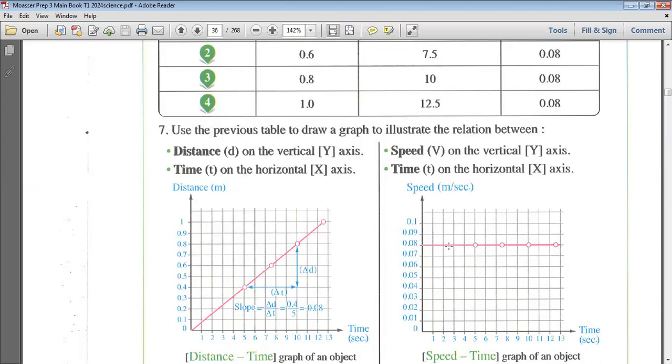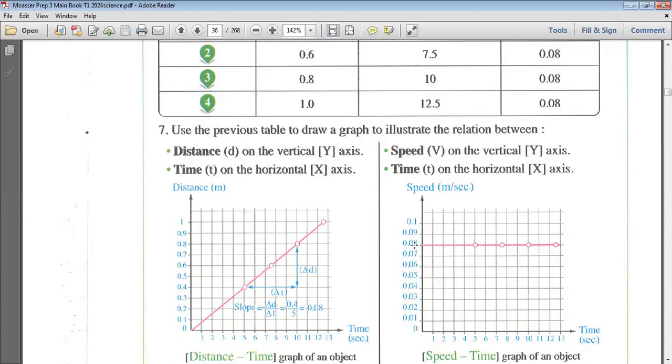So when we draw the speed time graph for a moving body in a straight line that moves with a regular speed, it is represented by a straight line parallel to the time axis.